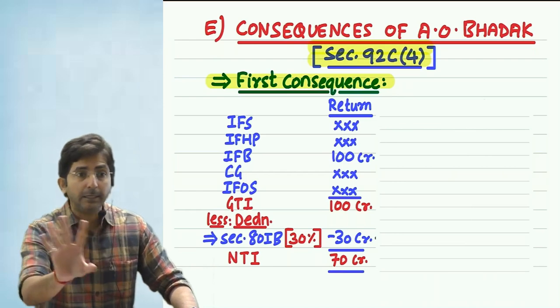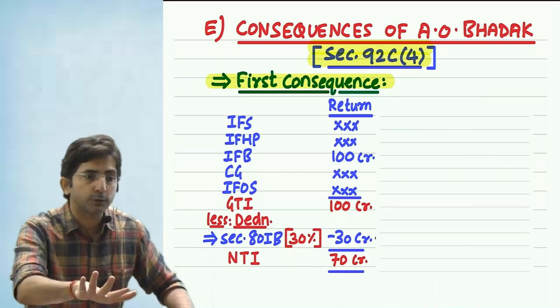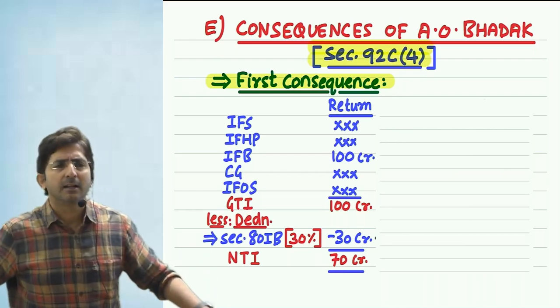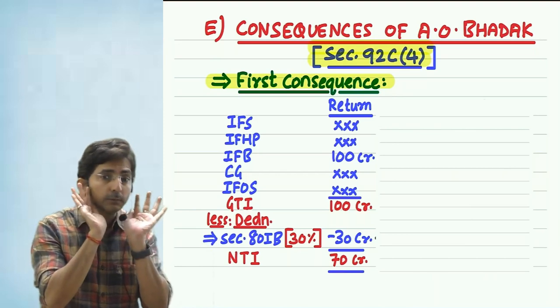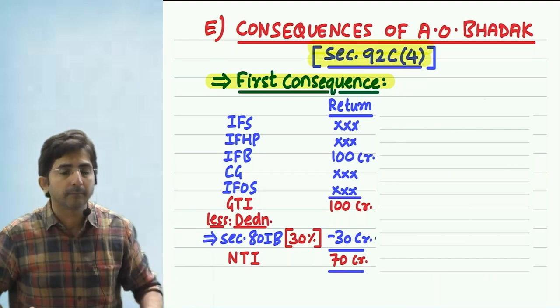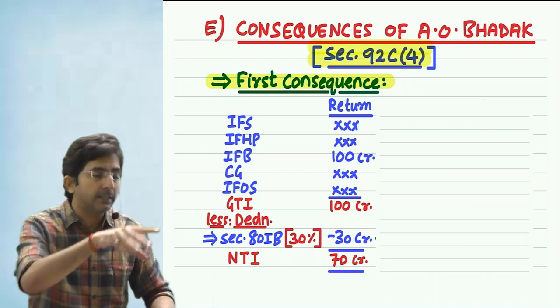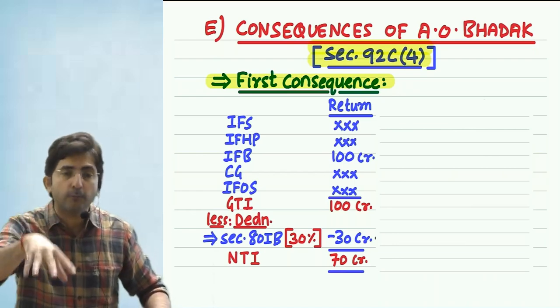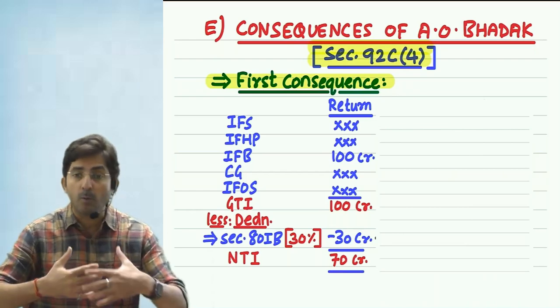See, exactly you don't know right now what is 80IB. But one thing is for sure, whatever these sections are, they are to promote and incentivize certain businesses which are necessary for the country. Like infrastructure is important or not. So this way certain businesses which are important for the country, like startups, nowadays there is a boom of startups.